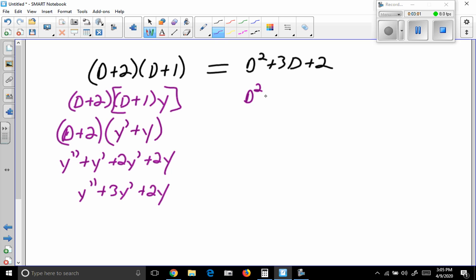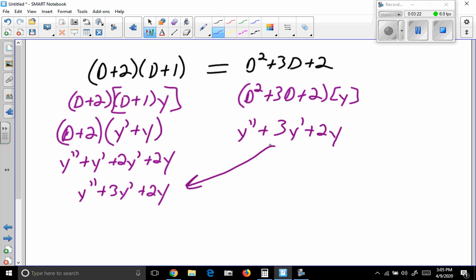If we take D squared plus 3D plus 2 and do that operation on the function y, then we're taking the second derivative of y, we're taking the derivative of y and multiplying it times 3, and then we're doubling the function y. So those are the same.